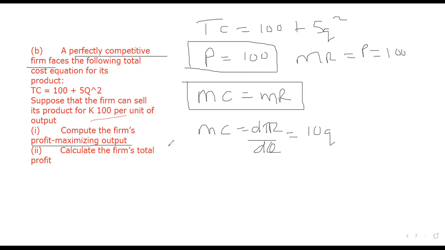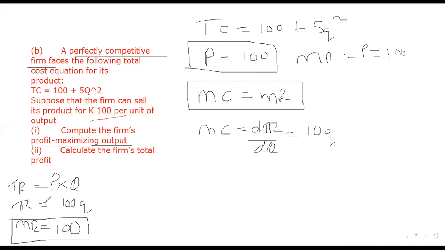If you want, you can still evaluate it, no problem. Total revenue is price times quantity. So here our price is 100, 100 times Q, 100Q. That is our total revenue. So when you differentiate it, our marginal revenue will be the dTR over dQ. It goes back to 100. It's the same principle. This is a perfectly competitive market.